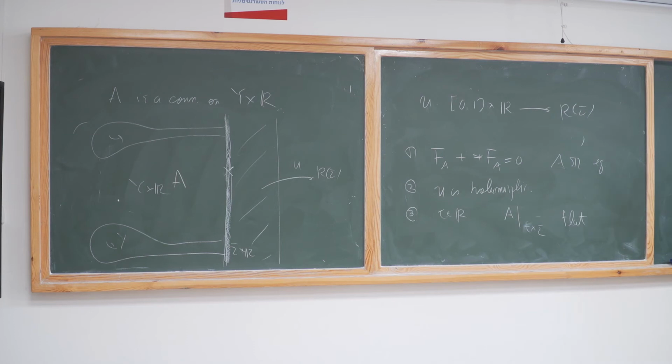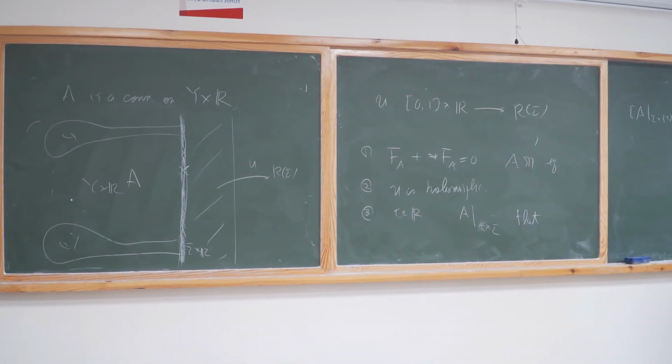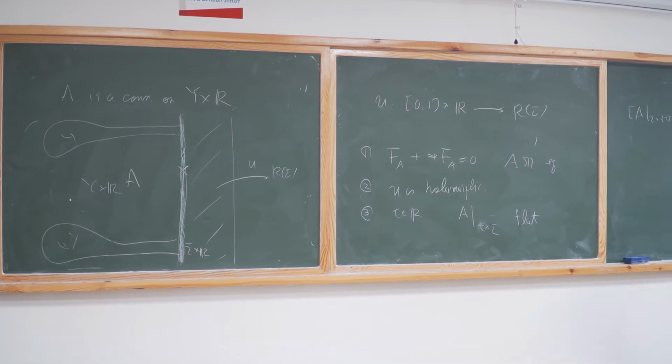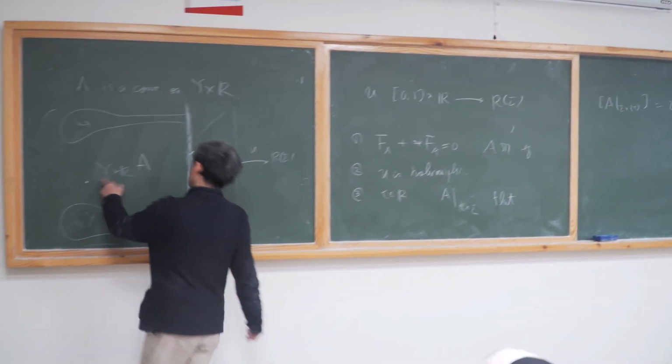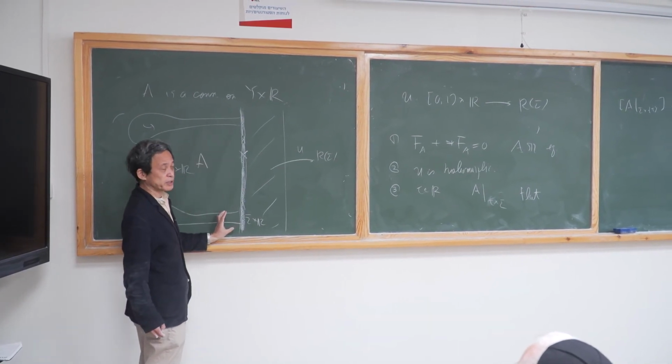So you consider the product of sigma times R times an interval, right? So this is R, y times R. And you just restrict here. Yeah, the boundary of y is sigma.